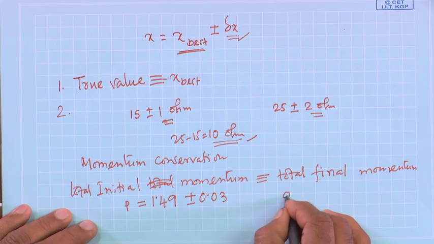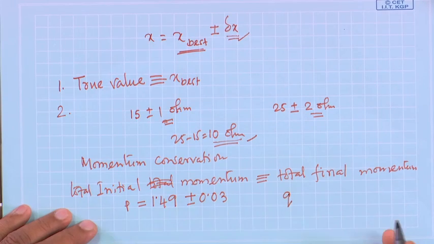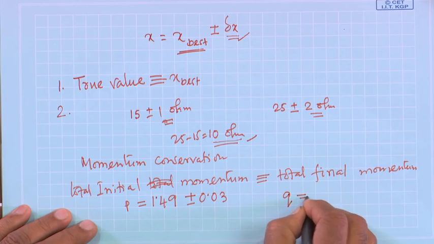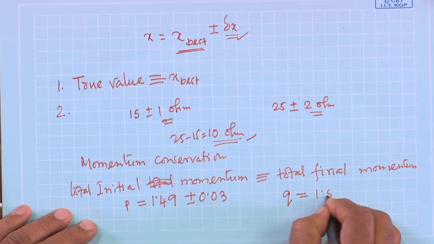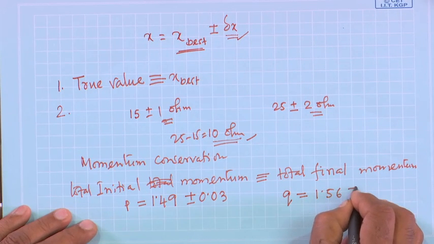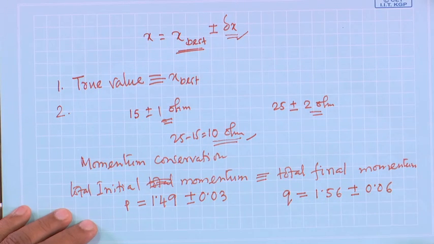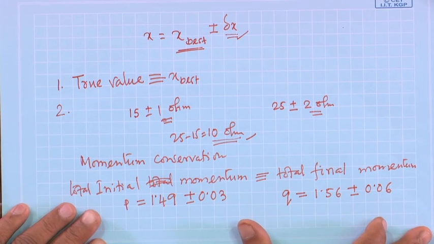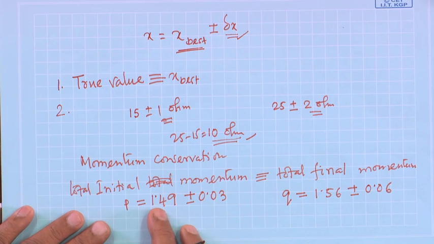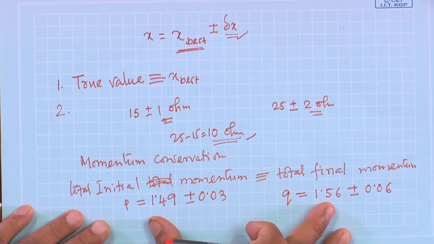And then the final momentum you got, say Q, that is 1.56 plus minus 0.06. So, now you see, definitely these two values are different.